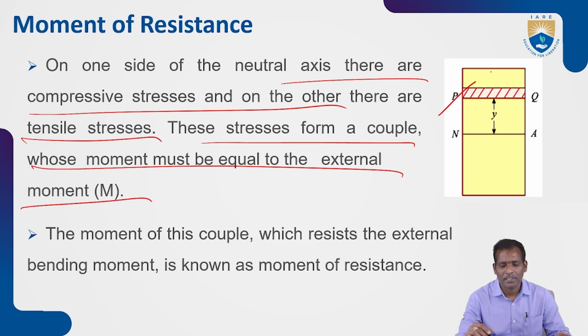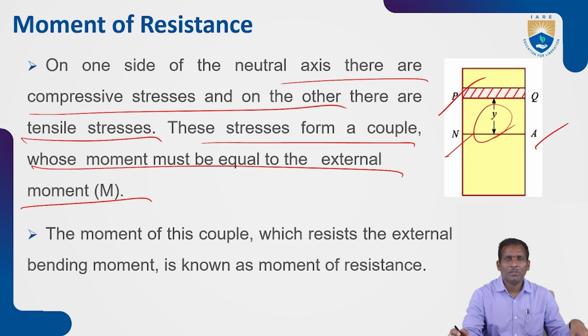Already we have taken the layer and discussed the neutral axis, and the position of the neutral axis from the bottom layer, that is Y. On one side of the neutral axis there are compressive stresses and on the other tensile stresses. Combined, these two stresses form a couple, and that is called the moment of this couple.